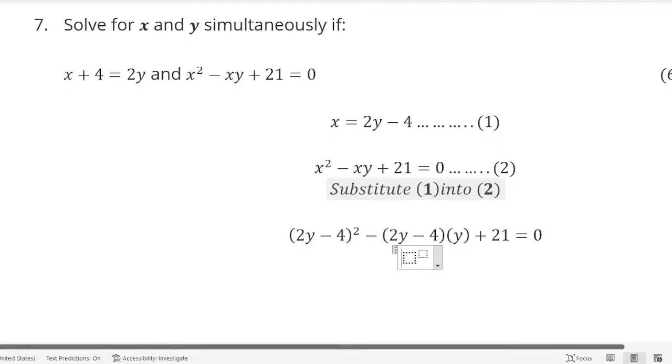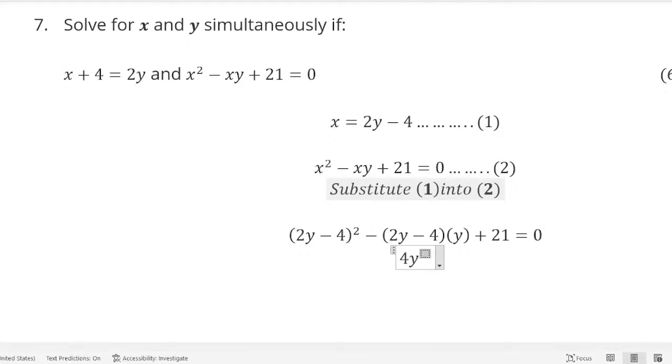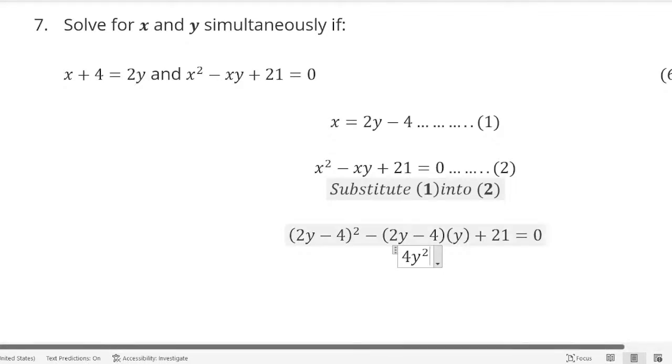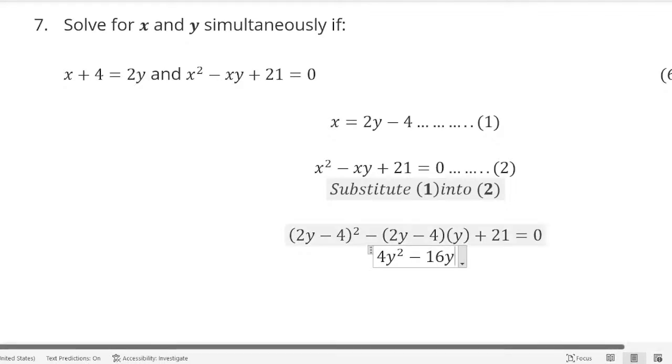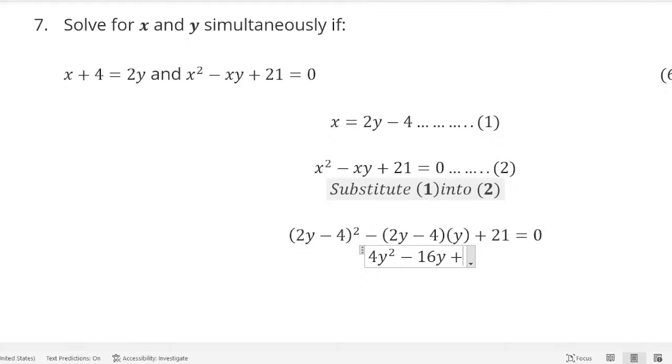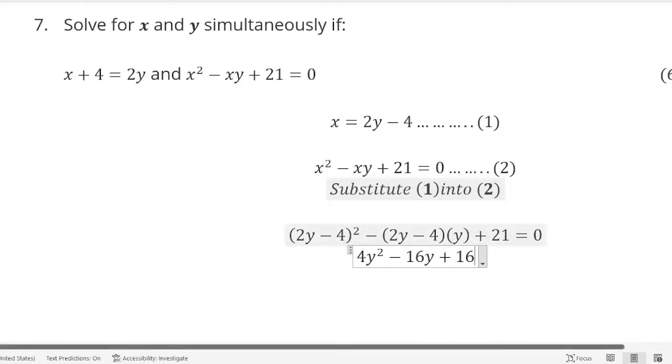Then 2y multiplied by negative 4 is negative 8y, times 2, that gives negative 16y. Then negative 4 times negative 4 will be positive 16. So I simplified this by inspection.